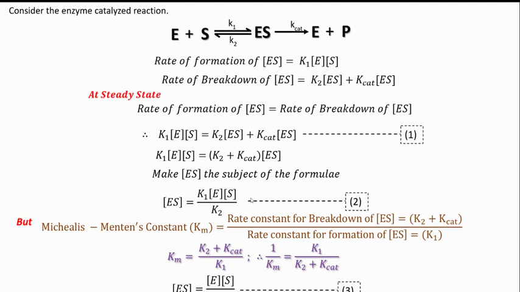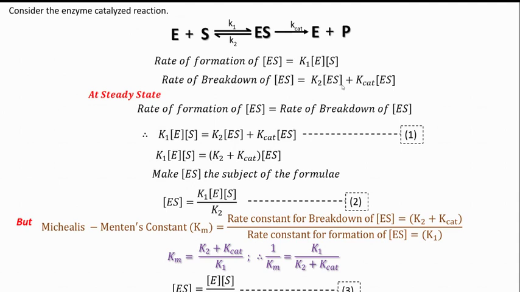Now ES breaking down into E plus P, we talk about the K cat, which is the rate constant for the formation of the product, and this K cat can also be described as the turnover number of the enzyme. Now the rate of formation is being given and also the rate of breakdown.